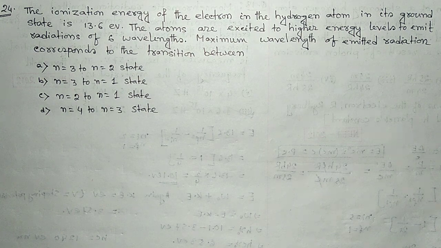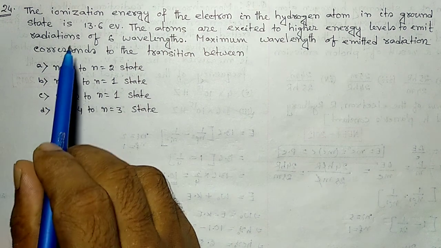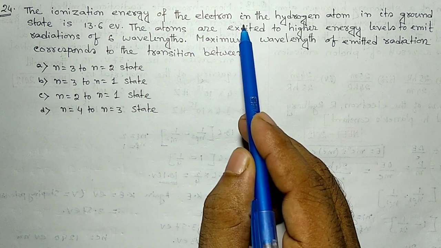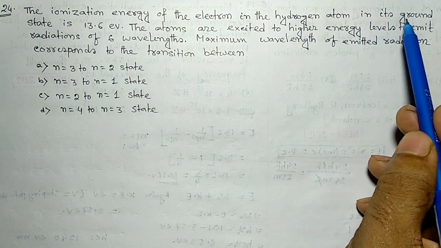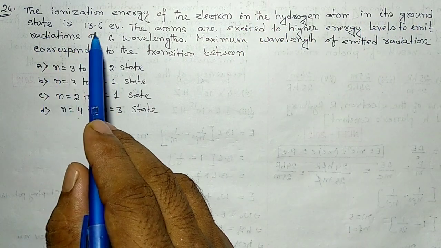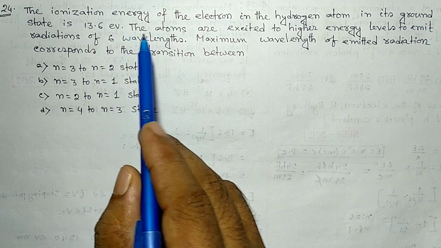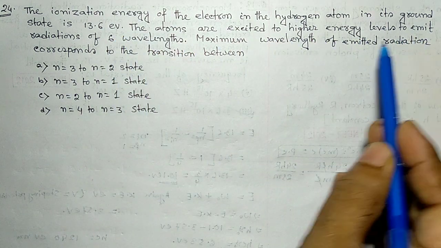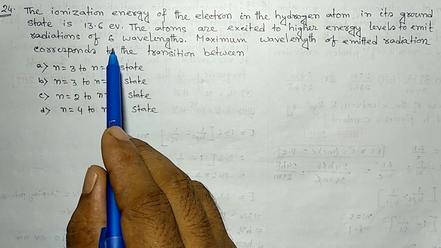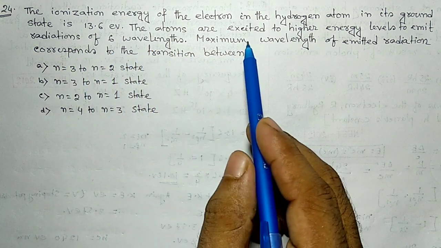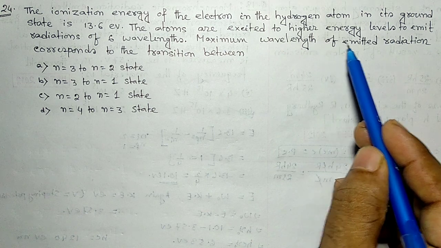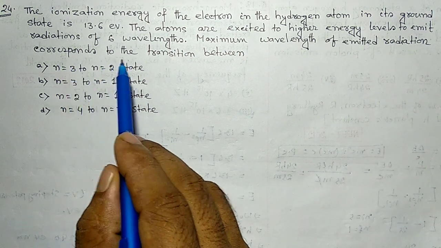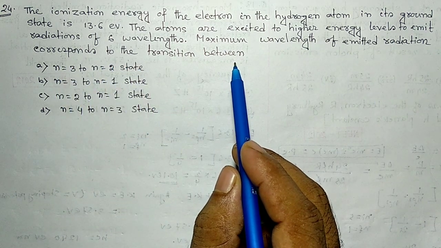Next question is question number 24. The ionization energy of the electron in the hydrogen atom in its ground state is 13.6 electron volt. The atoms are excited to higher energy levels to emit radiations of 6 wavelengths. Maximum wavelength of emitted radiation corresponds to transition between.